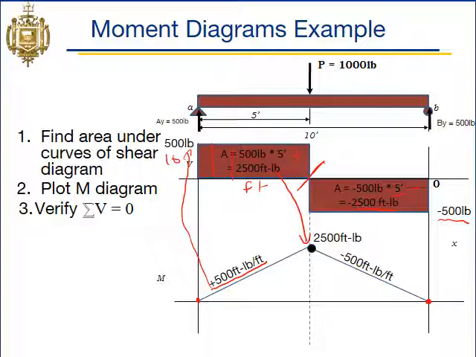On this block, each 1-foot section has an area of negative 500 foot-pounds, so our slope is negative 500 foot-pounds per foot. Our positive block takes us from 0 up to 2,500, and then our negative block takes us from 2,500 down to a value of 0.